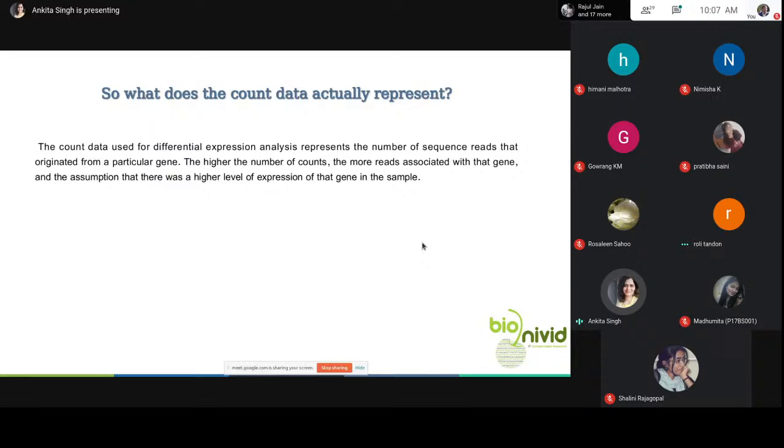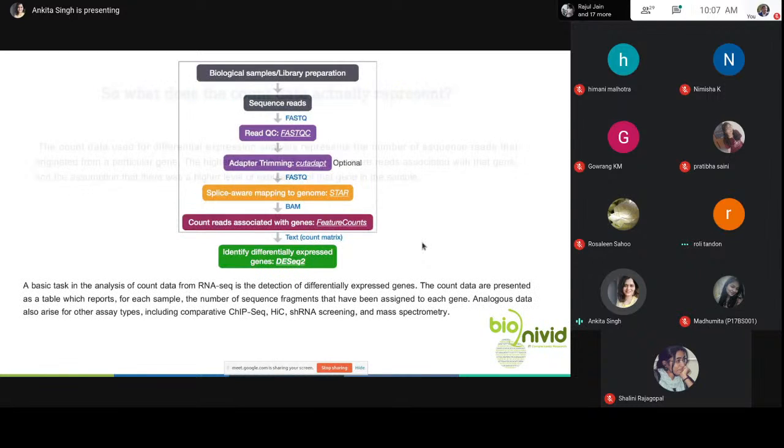After that, we sequence those cDNA, and then we align those reads to a genome, whatever species we got this RNA sample from. When we align it to the genome, it gives us the number of sequences which align to a particular gene. So that gives us a count data. So this is a normal basic flow of an RNA-seq experiment.